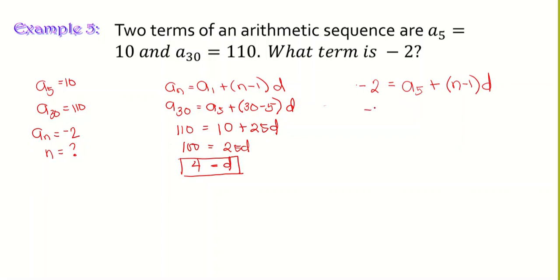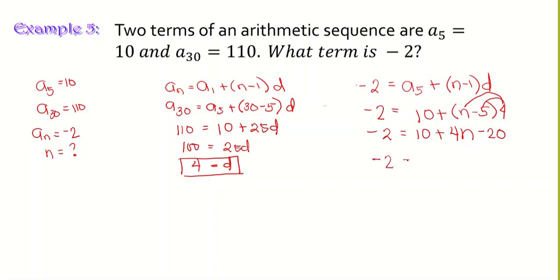So negative 2 as the last term, a sub 5 is 10 plus, we don't know the position, n minus 5, times 4. So negative 2 is equal to 10 plus, by distributive property, 4 times n is 4n, and 4 times negative 5 is negative 20.